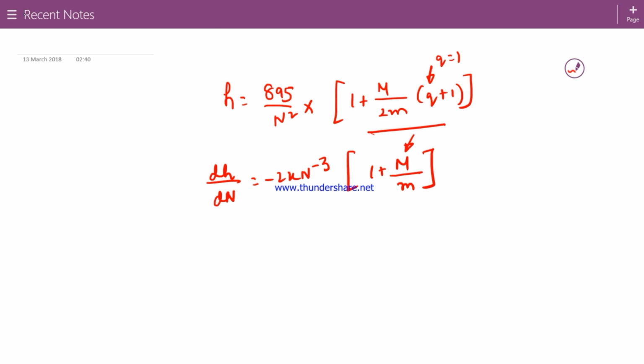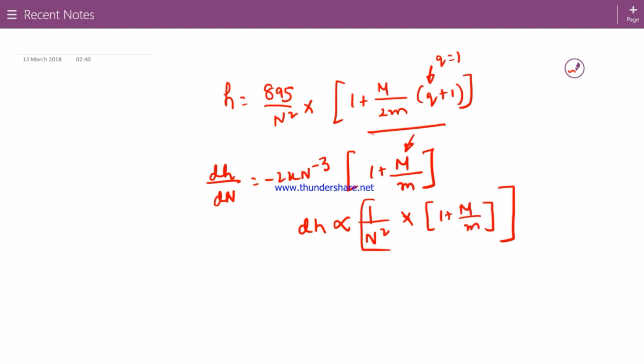on the governor sleeve, we can actually change this behavior of the watt governor into the Porter governor. As we are seeing, this dh was inversely proportional to 1 by n square, but along with it is multiplied this 1 plus capital M by small m.